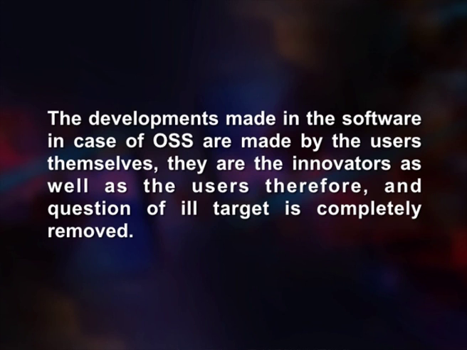They are the innovators as well as the users, and therefore the question of ill targeting is completely removed. Whereas, in the case of proprietary software, the developers are not users and therefore are not aware of which functionality needs to be improved first, and so it is usually ill targeted.